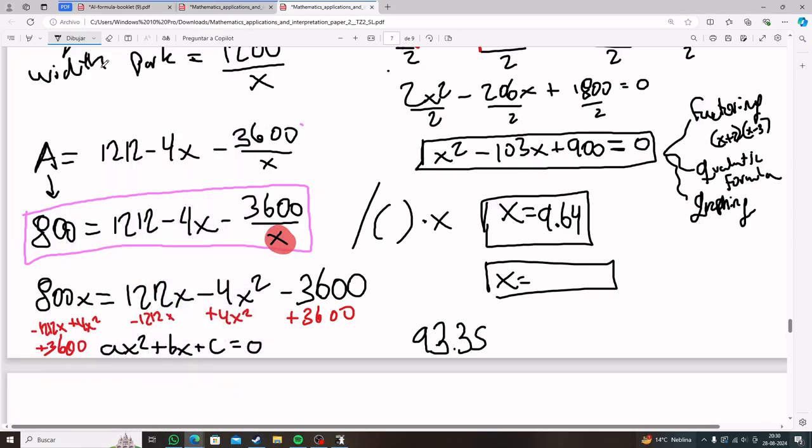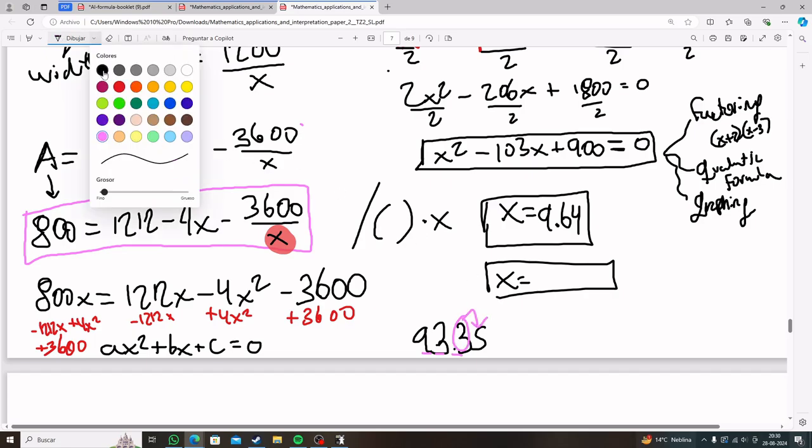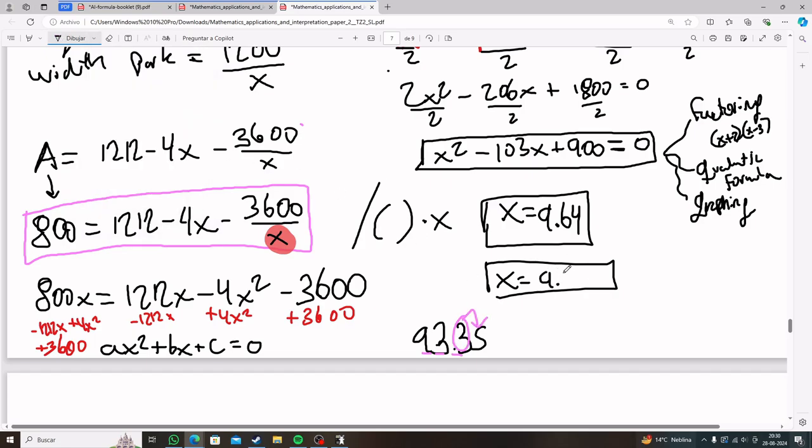If you think in terms of significant figures, it would be 1, 2, 3. Round it up or keep it the same. You round it up. So significant figures here would be 93.4.